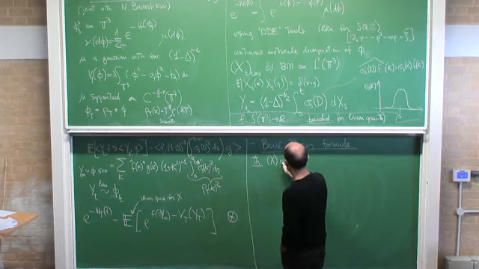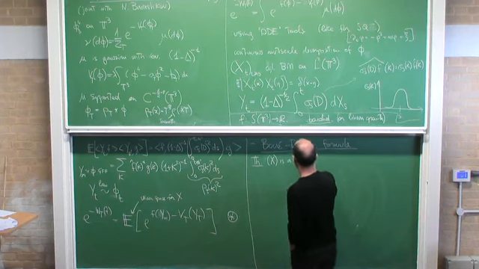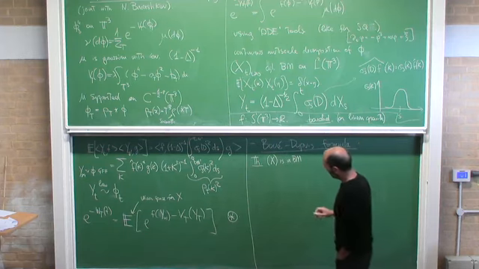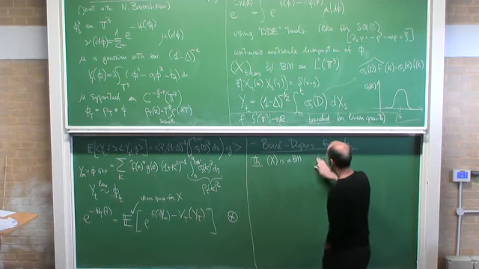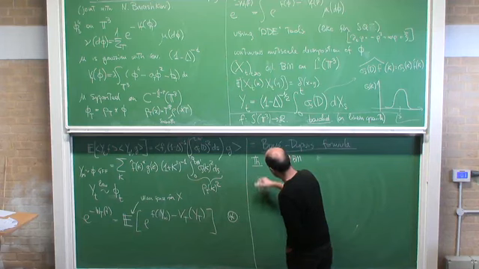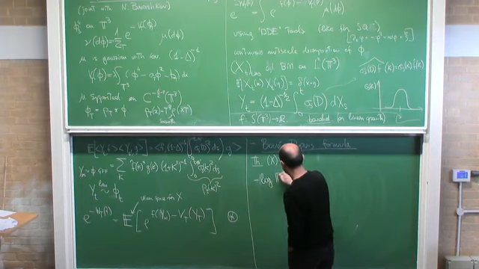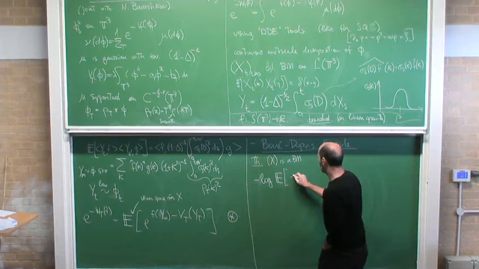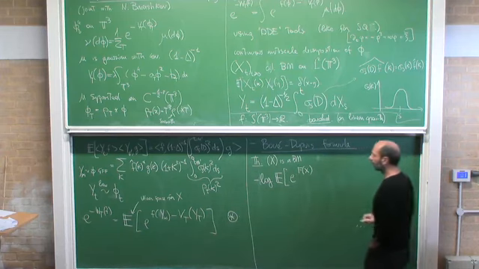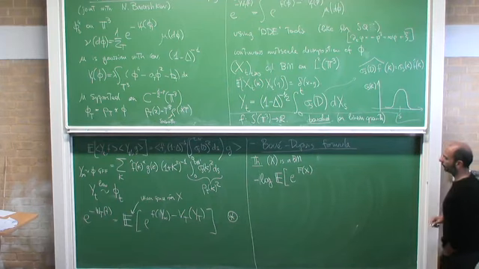X is a Brownian motion on its canonical space, and f is a functional of the Brownian motion. I will apply it to our situation, but it looks like this: minus logarithm of the expectation of e to the minus f of X. So this is a generic functional of the Brownian motion, okay?